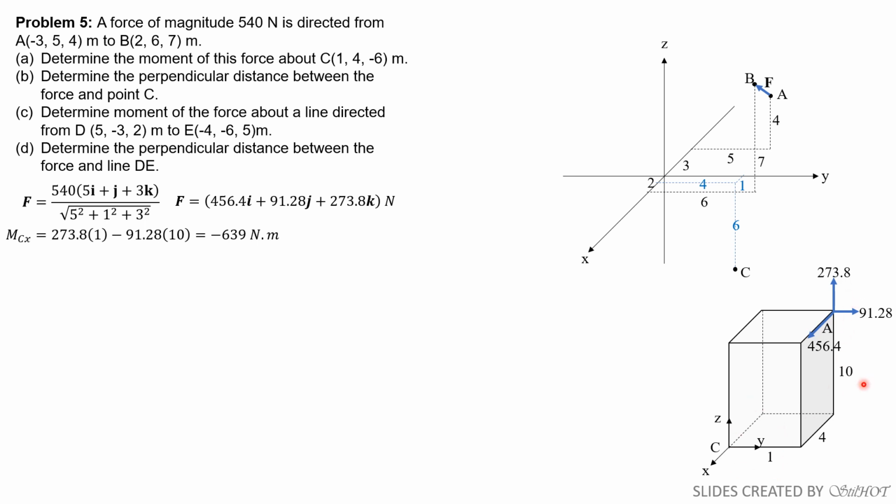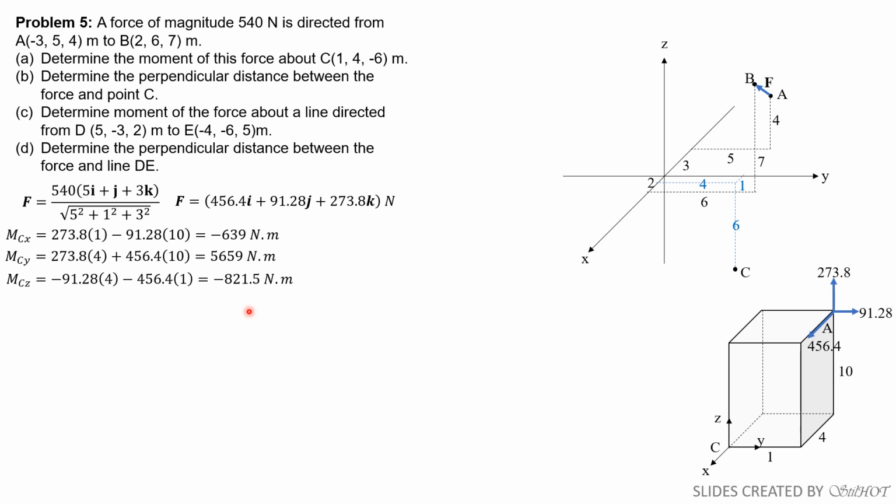So 273.8 times 4 plus 456.4 times 10, so 5659 Newton meter. Then MCz, position your right thumb towards the positive Z axis. Both of these components are negative. So negative 456.4 times 1, then negative 91.28 times 4, so negative 821.5 Newton meter.